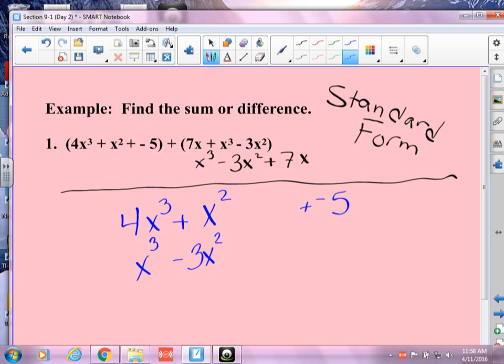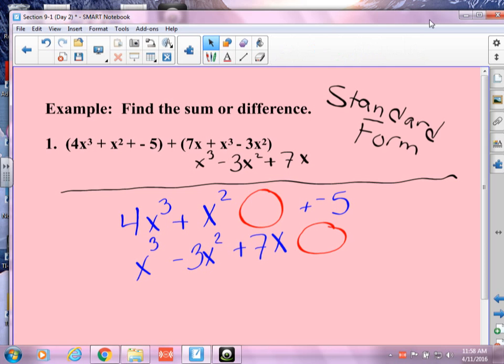I'm going to put it right underneath that spot. Sometimes I like to put a big 0 in that spot as a placeholder so it doesn't get all smushed together. Now they are asking me to add, because of this symbol right here. So I'm going to put the plus sign out front and cup it just like I did when I did elimination.